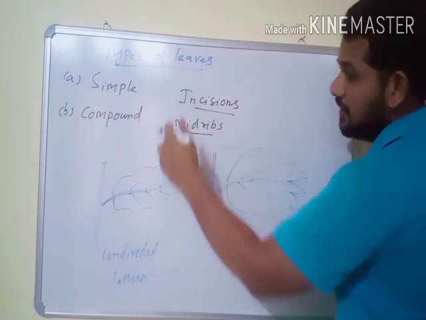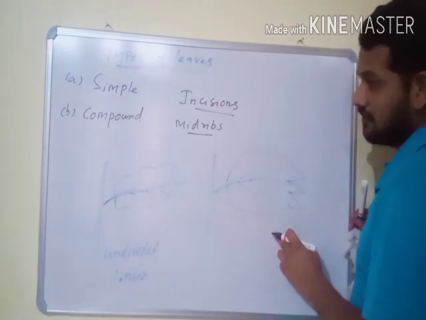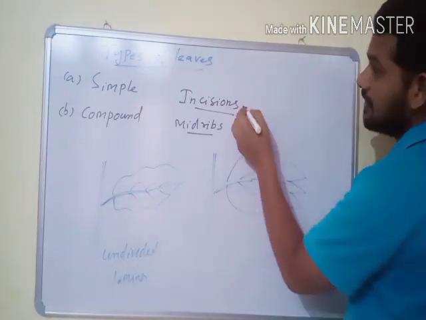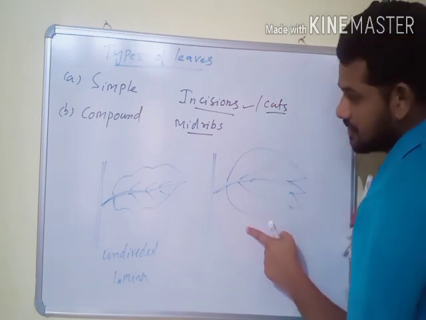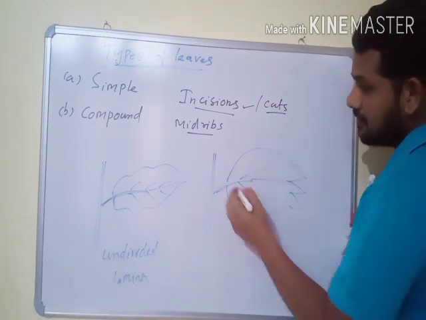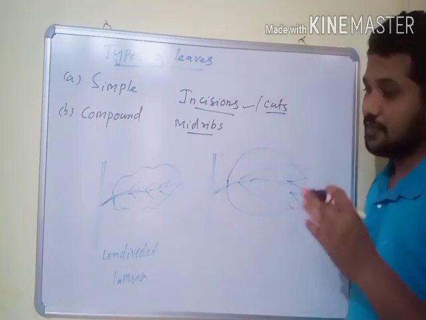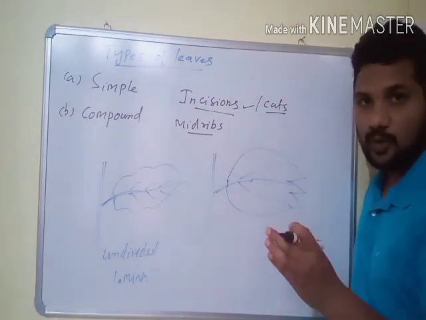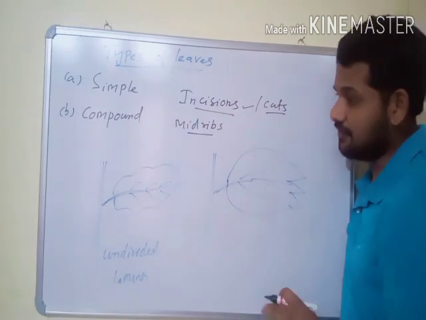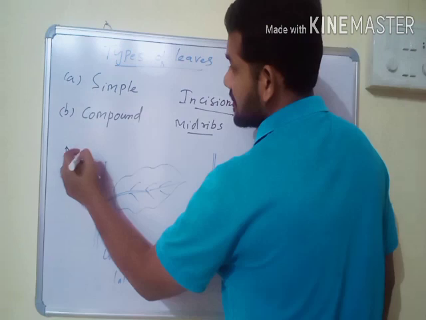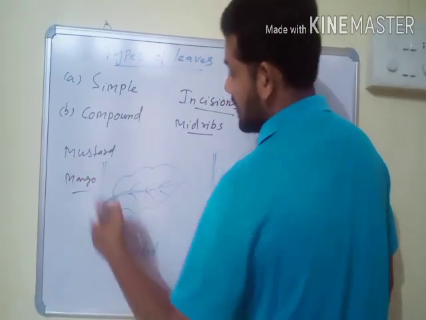But in simple leaf, the petiole has undivided or divided lamina. In divided lamina, the incisions do not reach the midrib, and such leaves are called simple leaves. Simple leaves are usually present in plants like mustard, mango, and others.